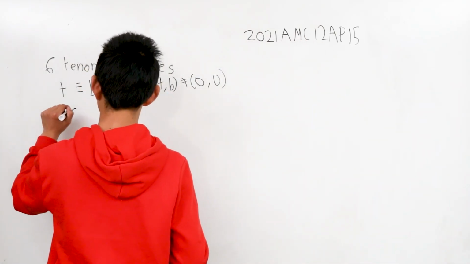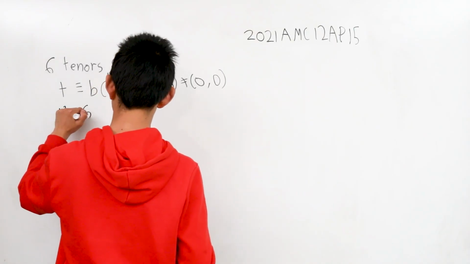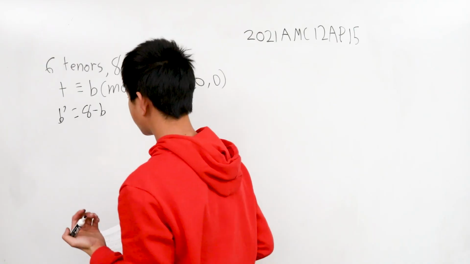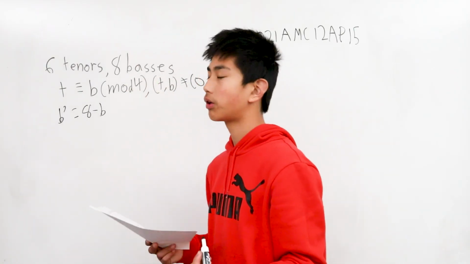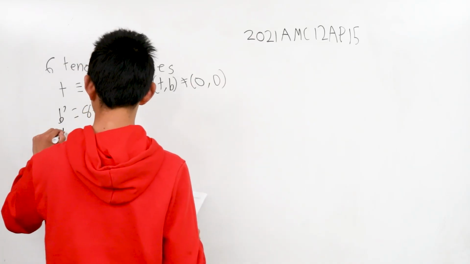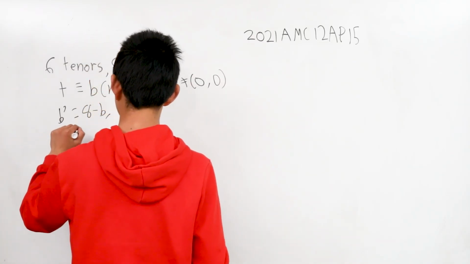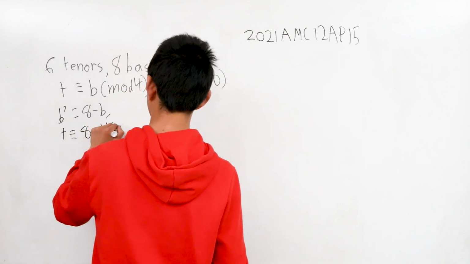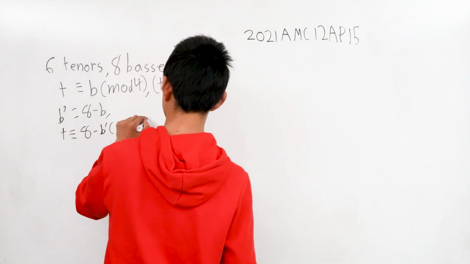B prime is equal to 8 minus B. So B is equal to 8 minus B prime. Therefore, we want to consider this case too. So T is congruent to 8 minus B prime mod 4, right?